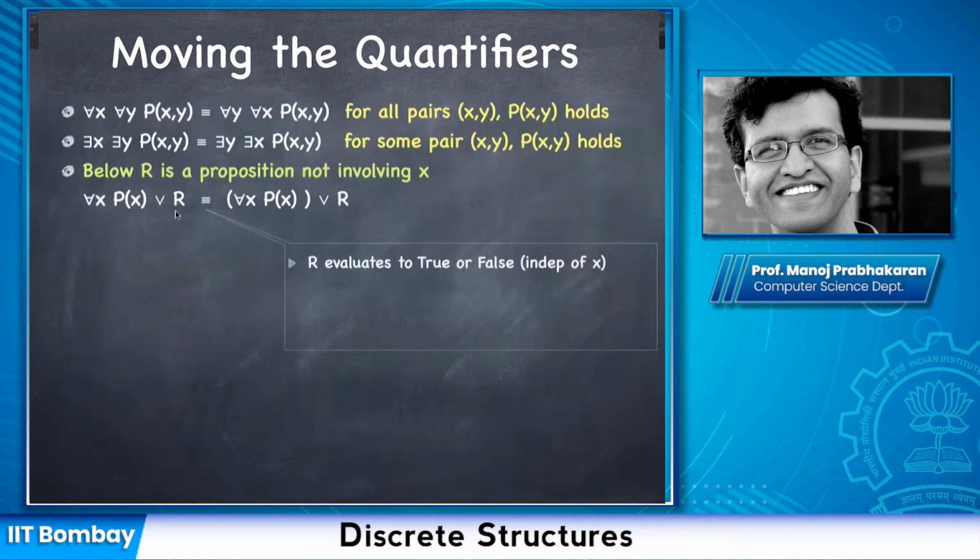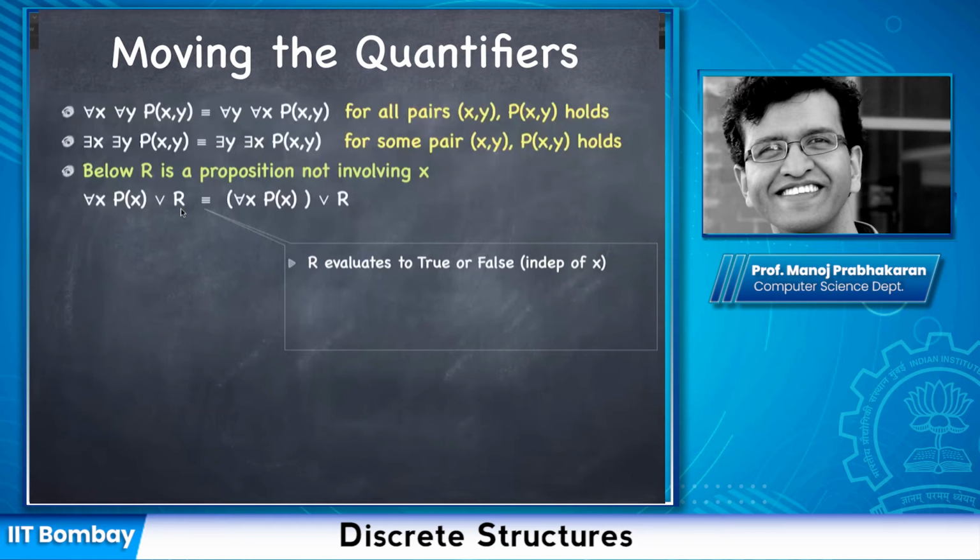The equivalence here is saying no matter what the predicate P is, when you substitute all values of x and evaluate the expression on the left and the expression on the right, you'll get the same truth value. And in evaluating this, you have to substitute R, which takes either true or false.